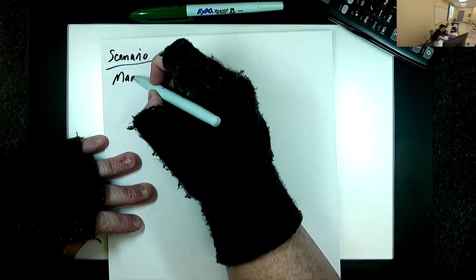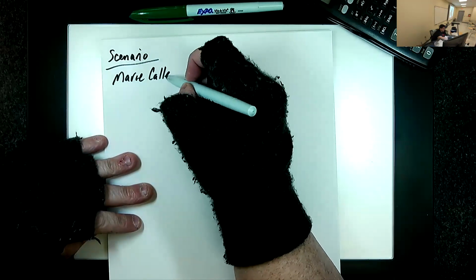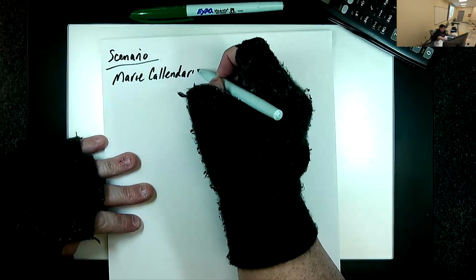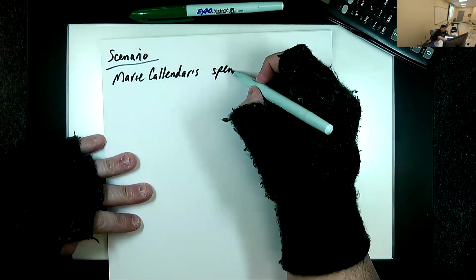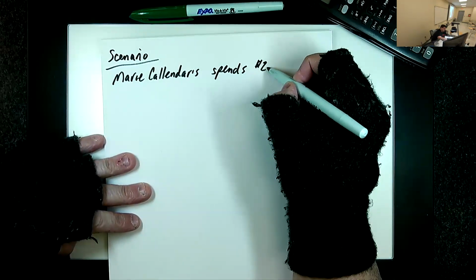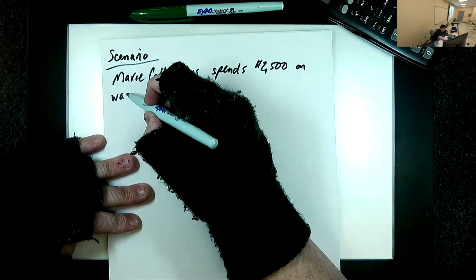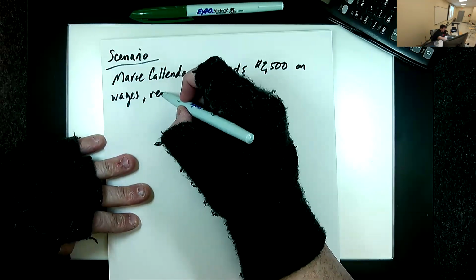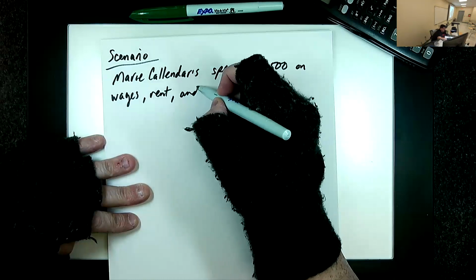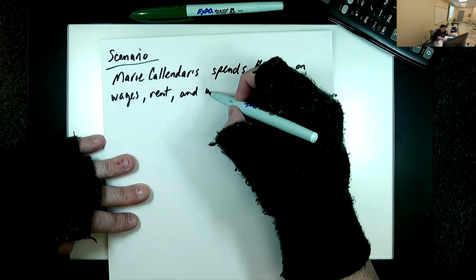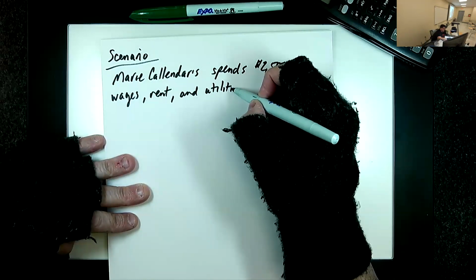Marie Callender's spends $2,500 on wages, rent, and utilities. And supplies. Oh no, utilities.